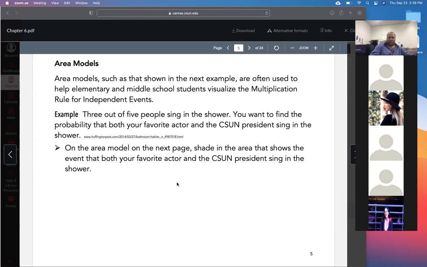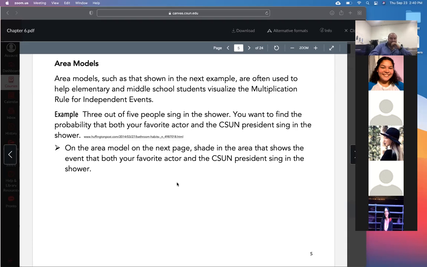Example: 3 out of 5 people sing in the shower. You want to find the probability that both your favorite actor and the CSUN president sing in the shower. Intuitively, would you expect your favorite actor singing in the shower and the CSUN president singing in the shower to be independent, or is there some kind of connection going on between them?